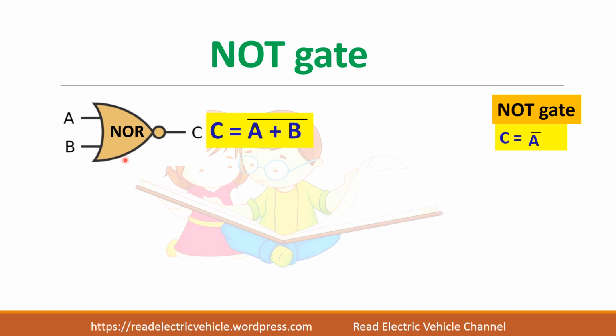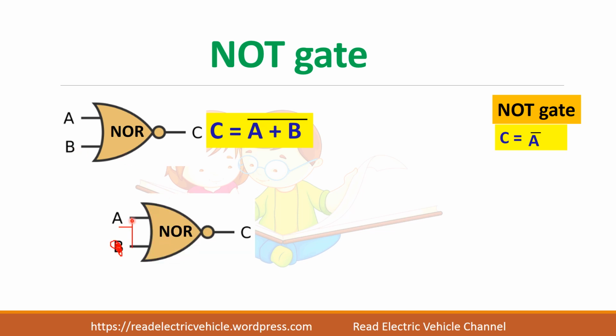For NOR gate, same procedure, short the input terminals, your output will be (A plus A) the whole bar. A plus A is again A, so you will get A bar. So for both NAND and NOR logic, to get a NOT gate or inverter operation, just short the two input terminals.